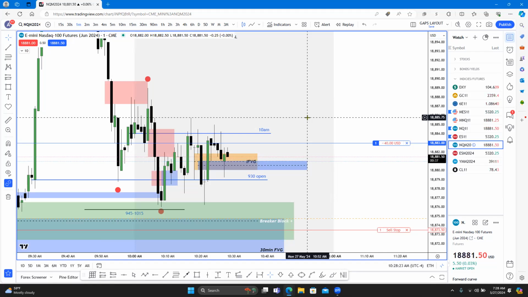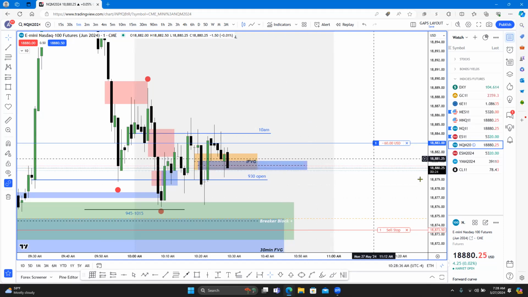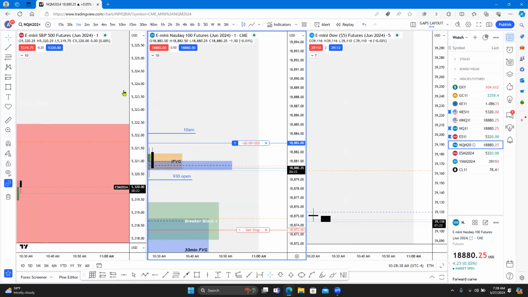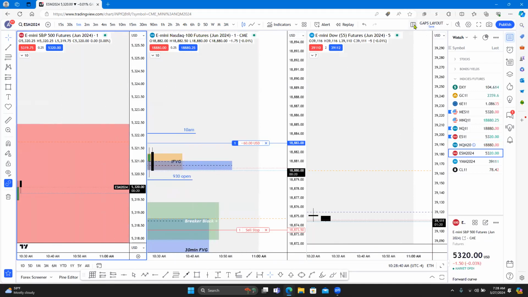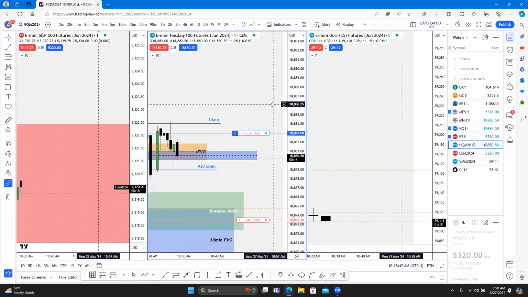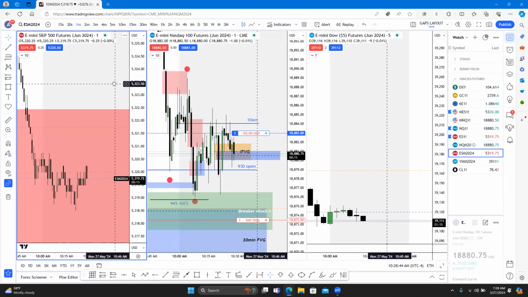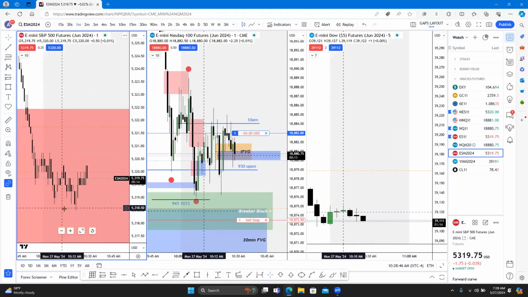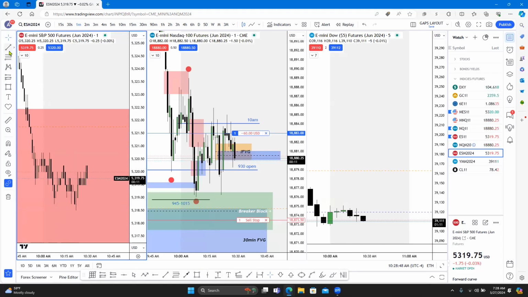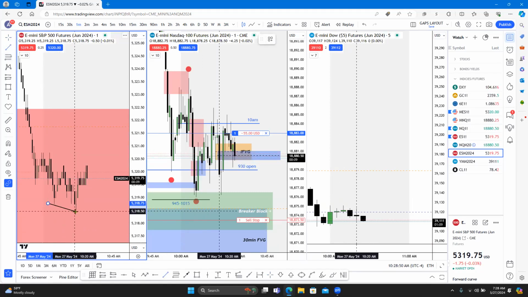Reversal, potentially. Yeah. Why else? What else is 10:30? SMT with ES. Let's see. Nice. Yep. Some SMT there. The lows.